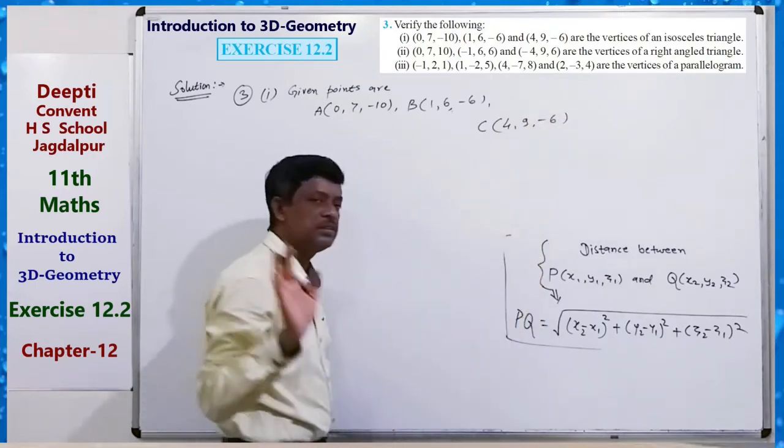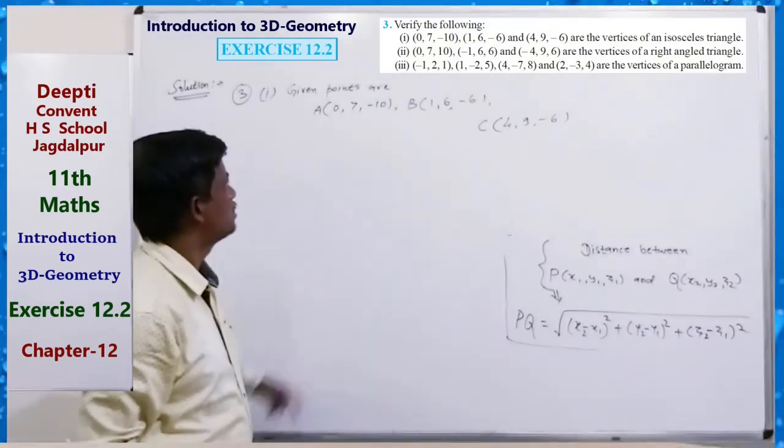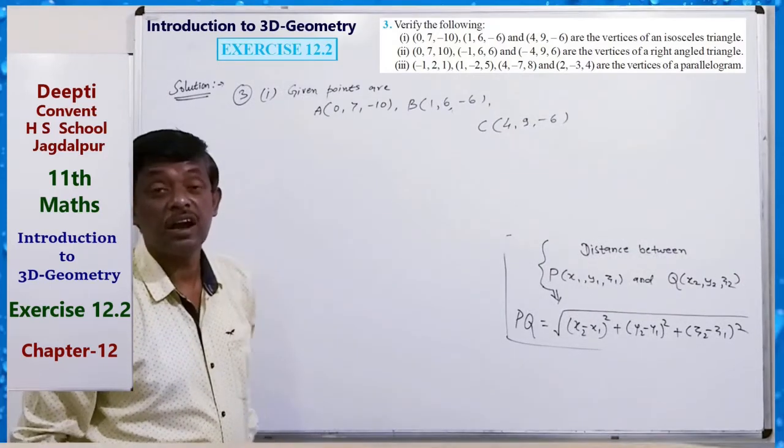So these are the given three points. Just we have to show these are the vertices of an isosceles triangle.